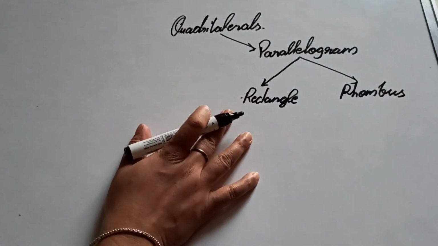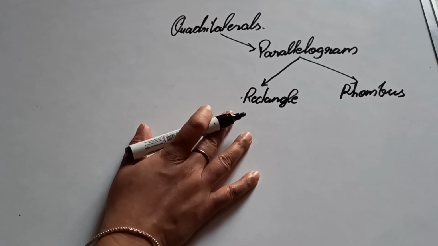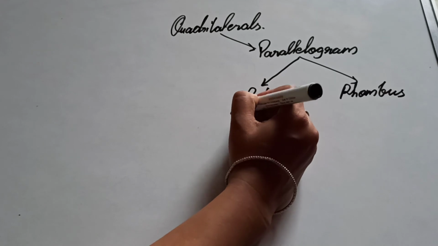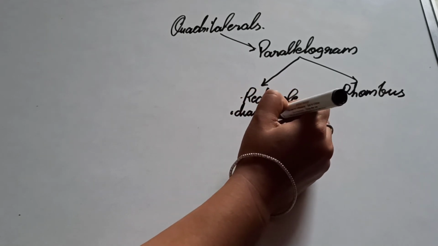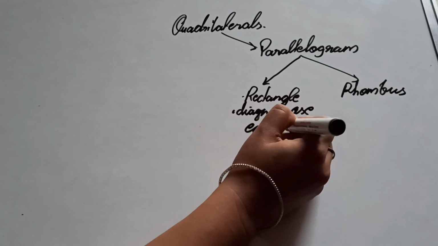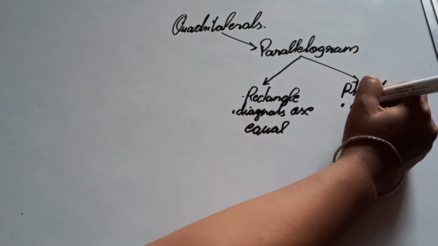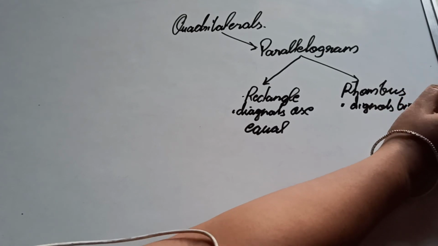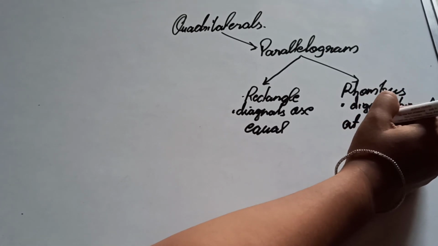In a rectangle, the diagonals bisect each other and the diagonals are equal. The difference is that in a rectangle the diagonals are equal, and in a rhombus the diagonals bisect at 90 degrees.